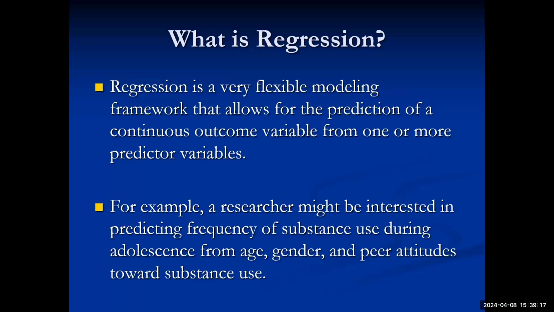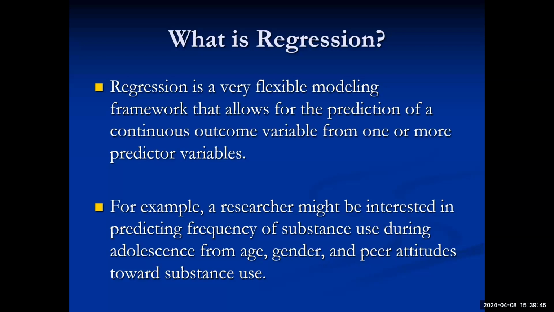First off, let's think about what regression is. Regression is a very flexible modeling framework that allows for the prediction of a continuous outcome variable from one or more predictor variables. And by continuous there, I just mean that the outcome variable is a random variable that can take on lots of different values, as opposed to a categorical variable that has a finite number of response options.